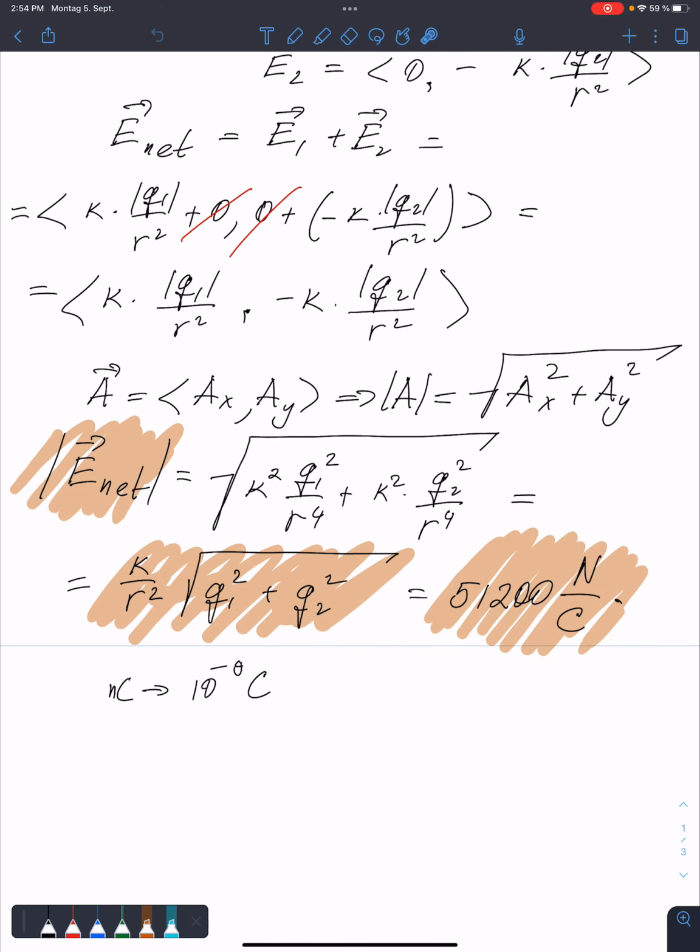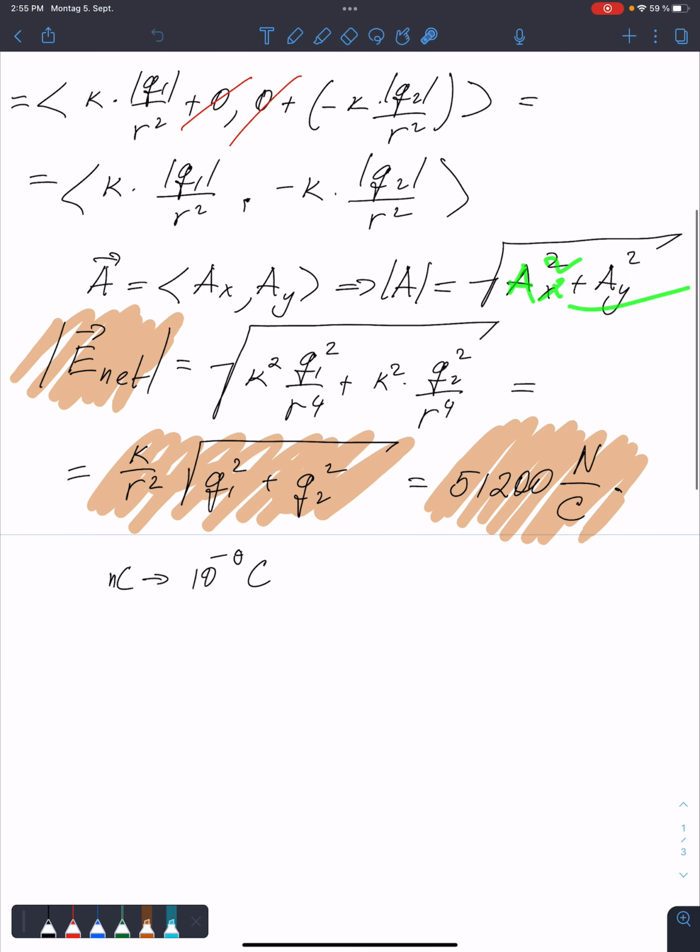Now we want to find the magnitude. This is what we eventually need to find, not just the vector, but its magnitude. For any vector A with components ax and ay, the magnitude is given by the square root of ax squared plus ay squared. So we take the x component squared and the y component squared.